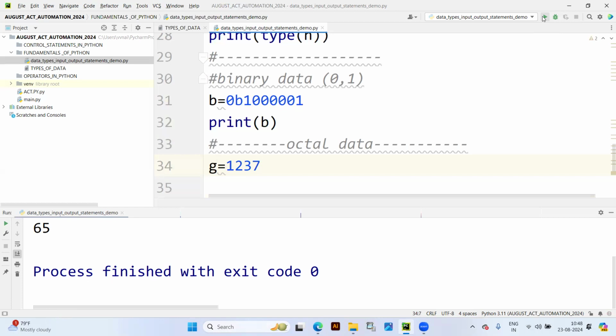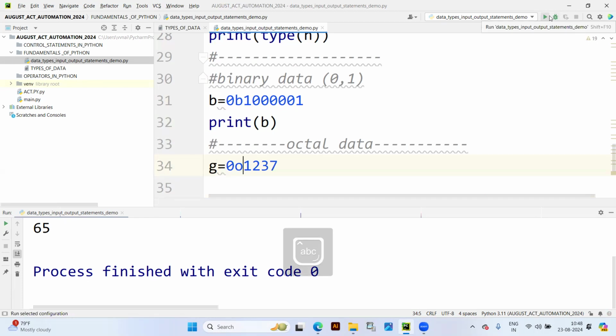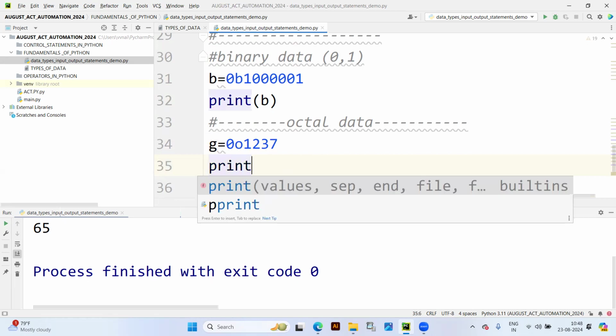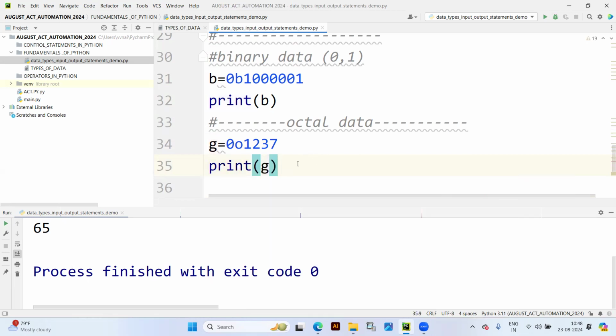Is this data decimal data or octal data? It looks like decimal also, because in decimal the values 0 to 9 are followed, or not? Absolutely. To declare octal data, 0 followed by O, then it will be treated as octal data. Now you print this, print it, and the equivalent decimal data will be displayed to you, because a human can understand only decimal data.